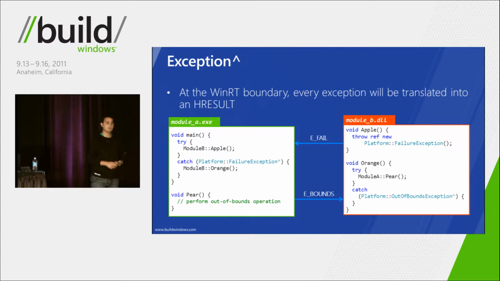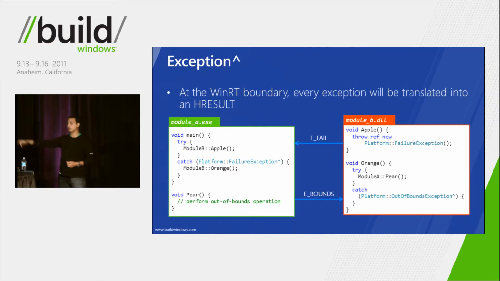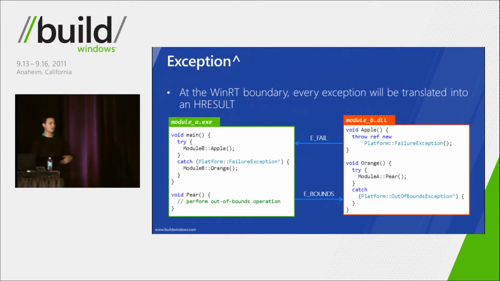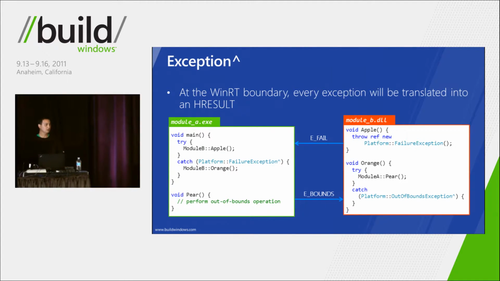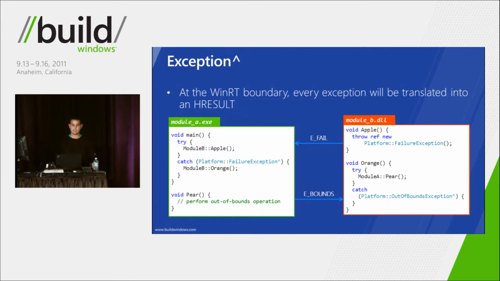On the other side, somebody reads it and throws the failure exception again, such that you can catch a failure exception there. Similarly, if you're not explicitly throwing, but some operation ends up throwing, for example an out-of-bounds operation, you can catch it on the other side. But under the covers, an E_BOUNDS HRESULT is passed.